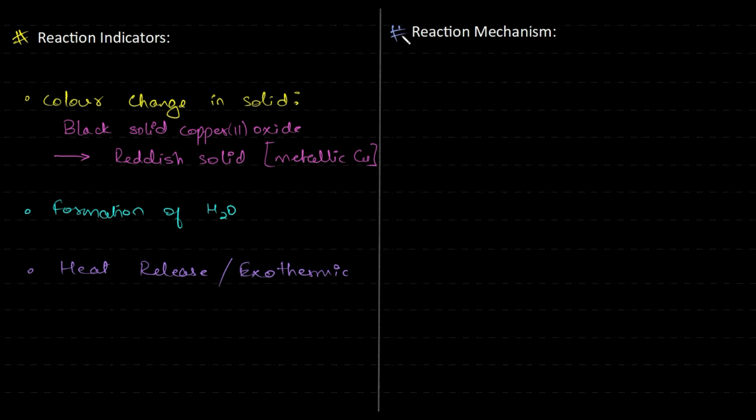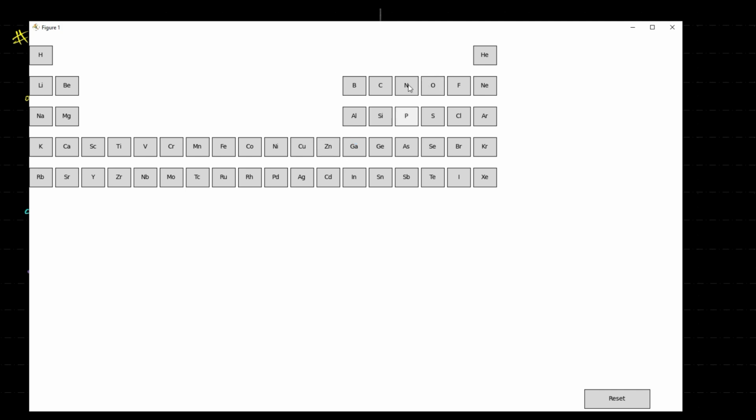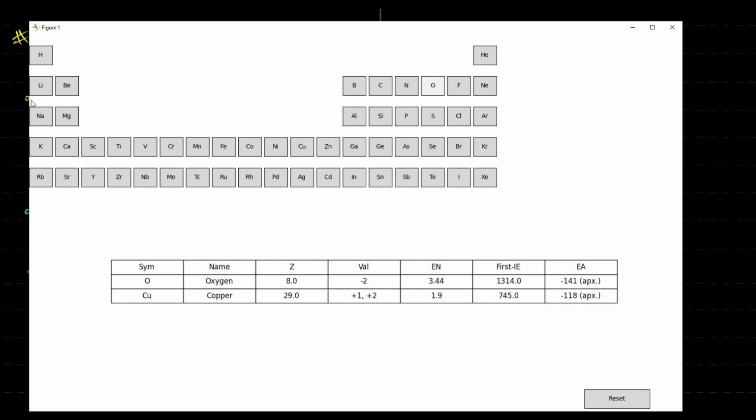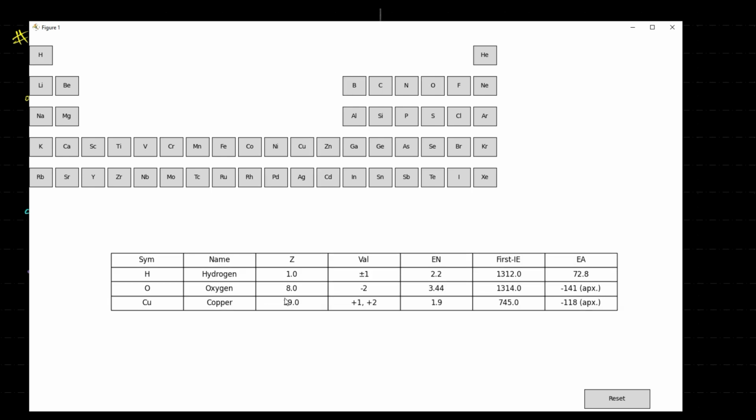Right. Now, we are discussing the reaction mechanism. Let's look at copper and oxygen. So we have copper here, and oxygen and hydrogen. Look at the atomic number. Look at the valencies. That's why balancing was easy. It's just 1 and 2. Look at the electronegativity.